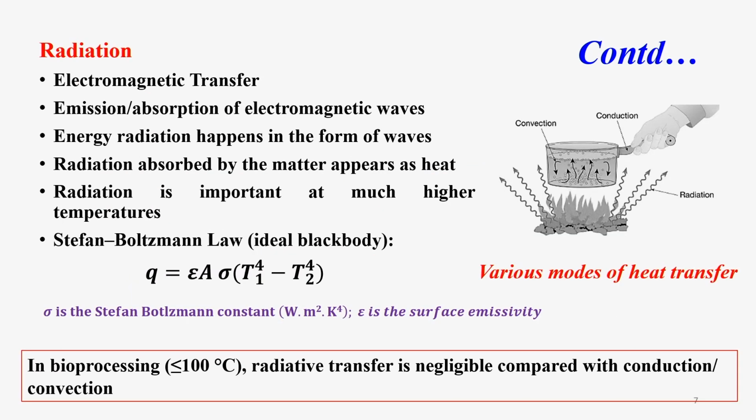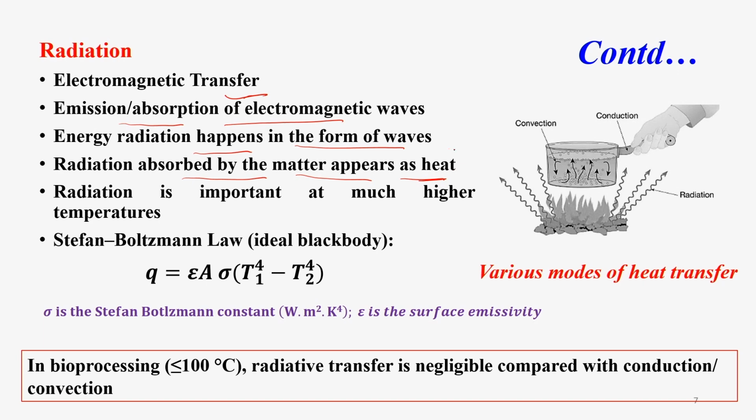The third one is radiation. It is known as electromagnetic transfer. Here the emission or absorption of electromagnetic waves occurs, and energy radiation happens in the form of waves, and radiation absorbed by matter appears as heat.